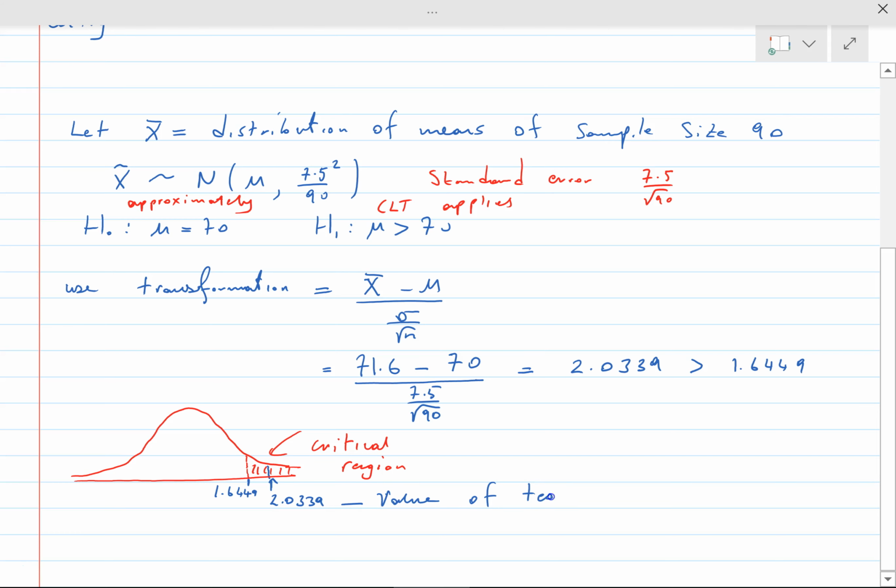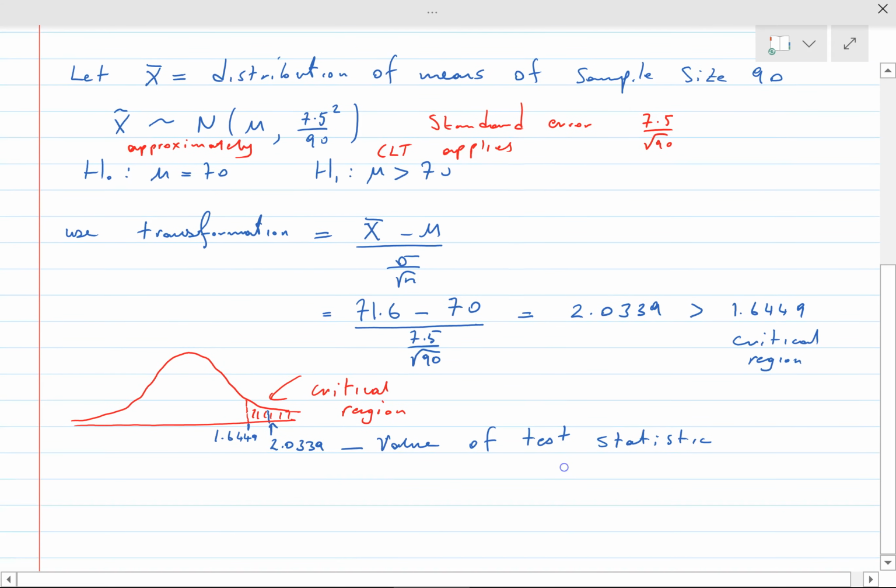I'm probably writing more than I need to answer this question, by the way. This would probably be enough, critical value, but I think it's good to back up with a diagram. So therefore we can reject the null hypothesis.